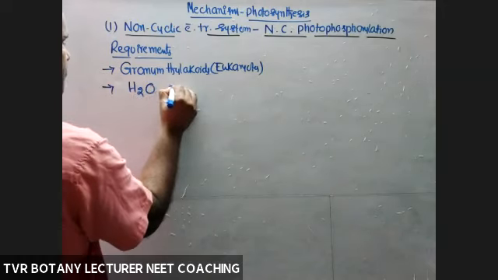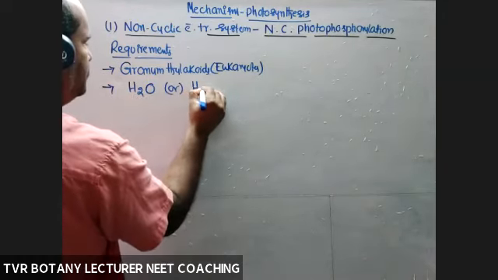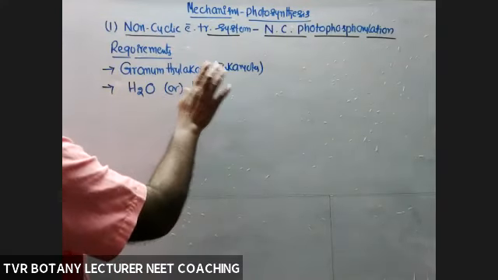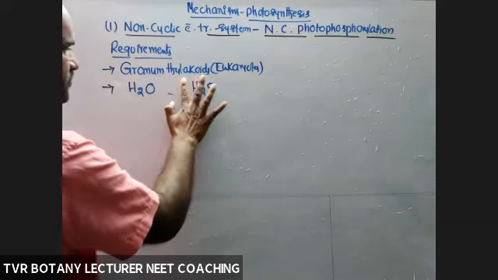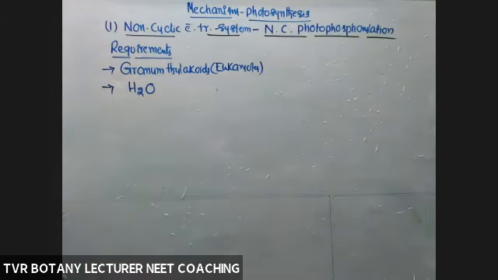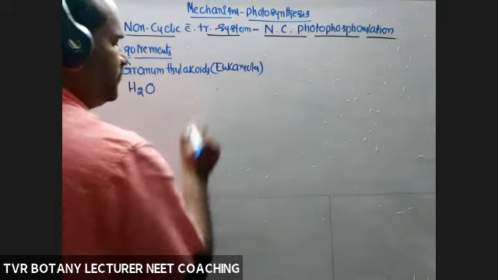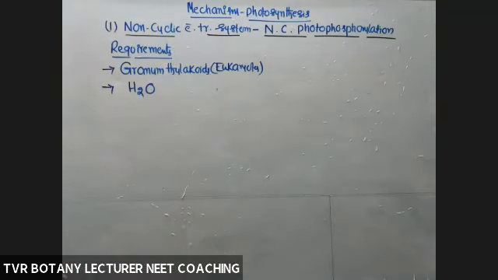H2O, or H2S in the case of prokaryotes. So we use H2O. If you go back to Cornelius van Niel, instead of H2O, H2S was the hydrogen donor. Okay, right? Granum thylakoids, and you can take the chromatophores of blue-green algae also.